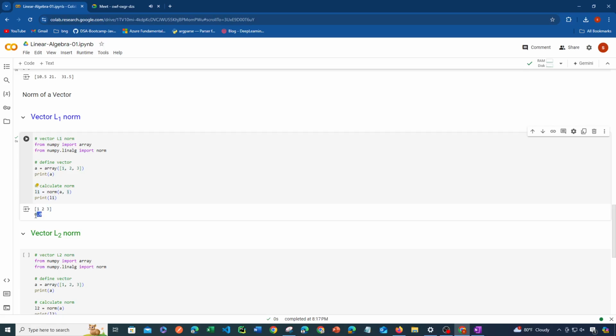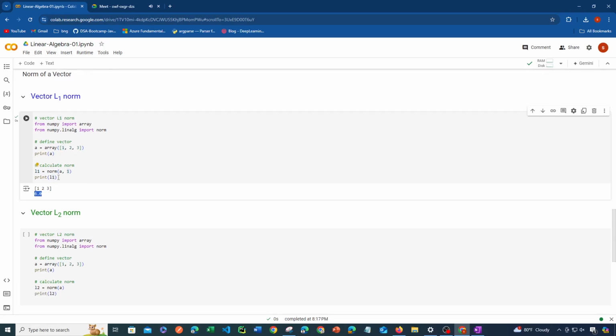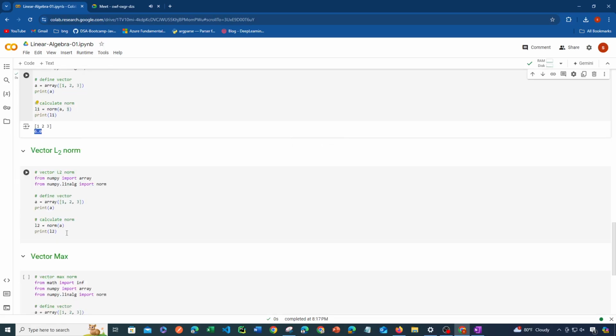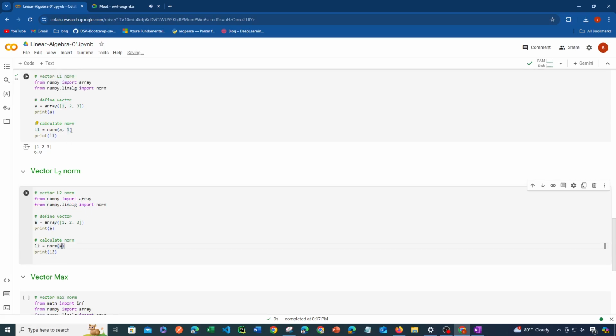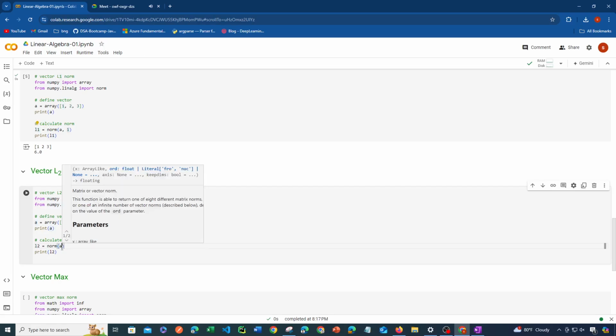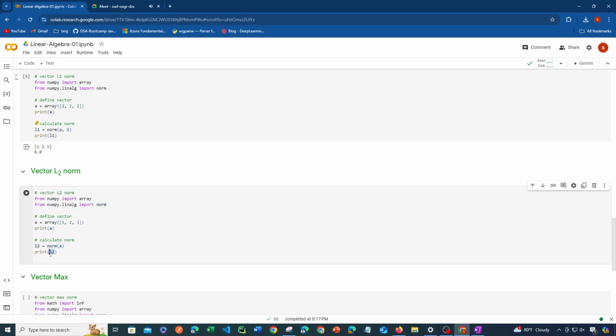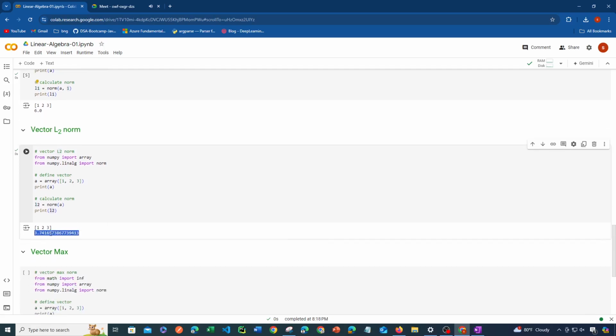We know that the total sum of values in the L1 norm is the length of any vector, and then L2. If you have a question that we pass 1 here for L1, but for L2 we should pass 2 here: in norm, the default is the L2 vector norm, so we just leave it as it is. Whenever we find this, the result is like this.